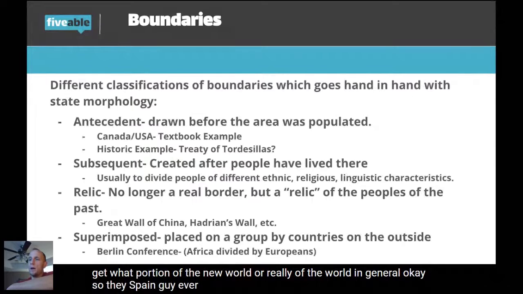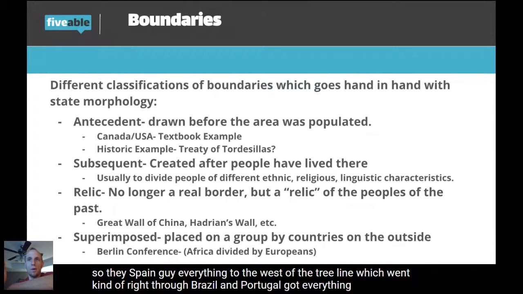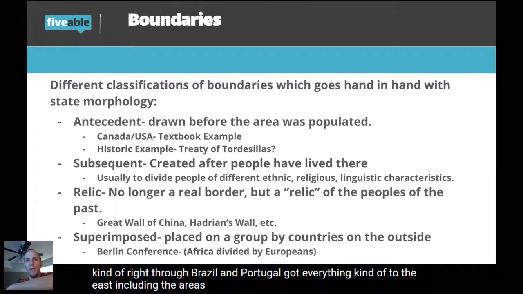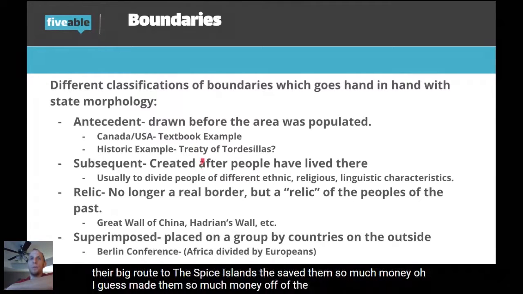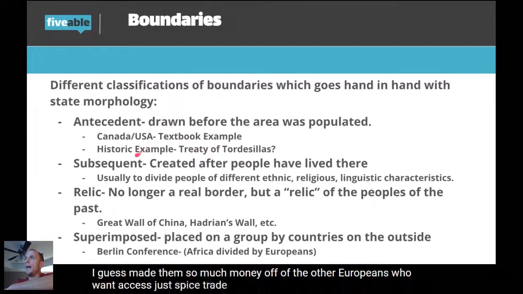Spain got everything to the west of the treaty line, which went kind of right through Brazil, and Portugal got everything to the east, including the areas along the African coast, which was their big route to the Spice Islands that made them so much money off of the other Europeans who wanted access to the spice trade.